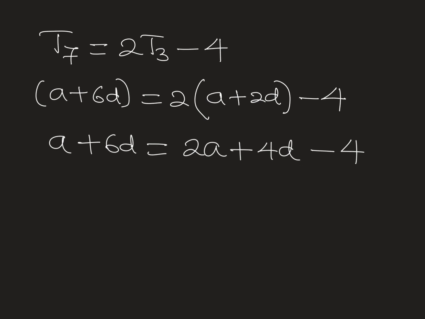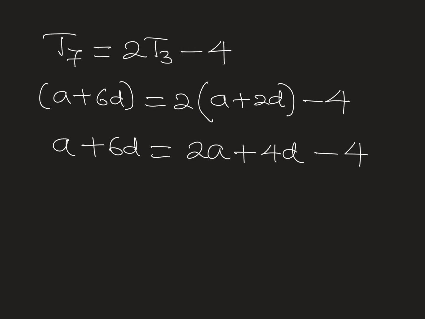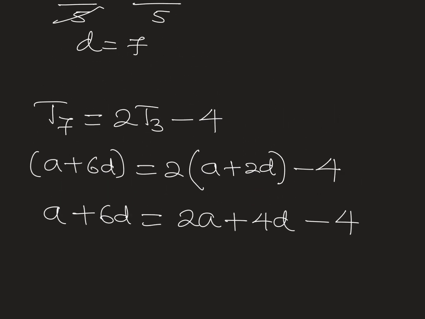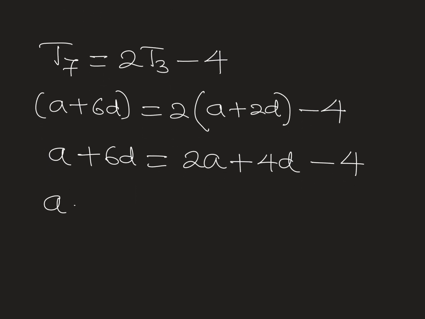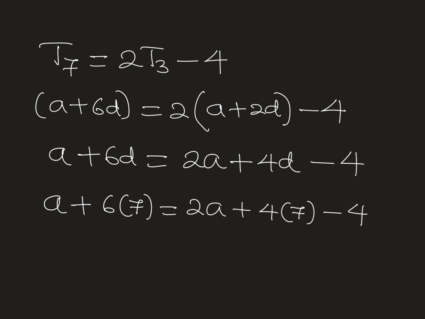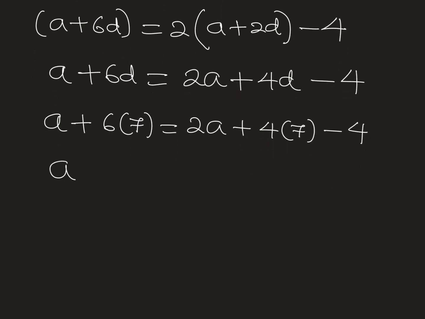You see that? So if we substitute the value of d, because we already know that d is 7, we're going to have a plus 6 into 7 is equal to 2a plus 4 into 7 minus 4. So we're going to have a plus 6 times 7 is 42.